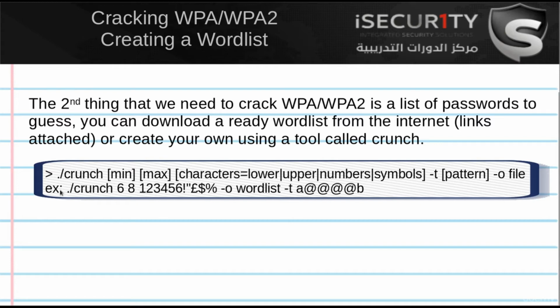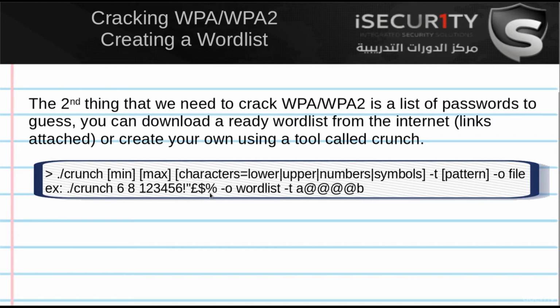So for example, in this example, we have Crunch. We're going to create passwords of a minimum of 6 characters and a maximum of 8 characters. And the passwords are going to be combinations of the characters 1, 2, 3, 4, 5, 6.